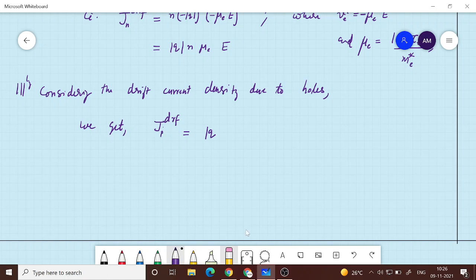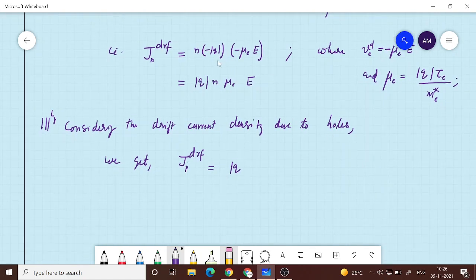Now if you see the detailed derivation, we have n into minus q, minus modulus q here, but for the case of holes, the charge density is going to be n into modulus q. That will be the charge density. And then we have the drift velocity, and the drift velocity will not have a minus sign. Maybe I will write one more step.